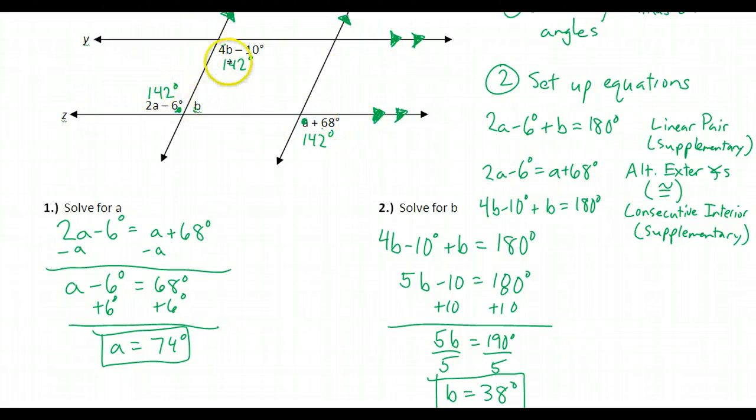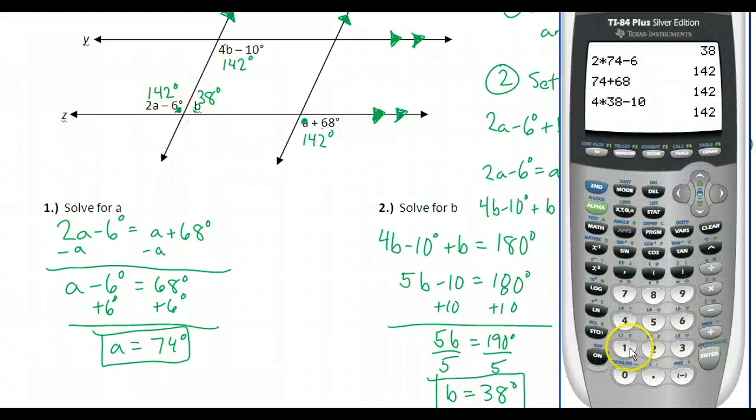So they should be congruent to each other. And this angle is just b big. It's 38 degrees big. Well, if I look, these two angles should be supplementary. Let's check that. 142 plus 38. They are supplementary, so I know I've done all my math correctly.